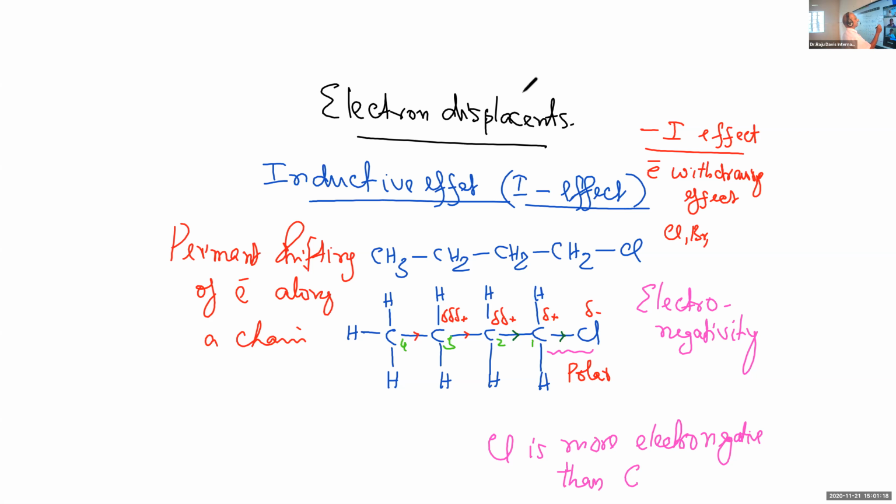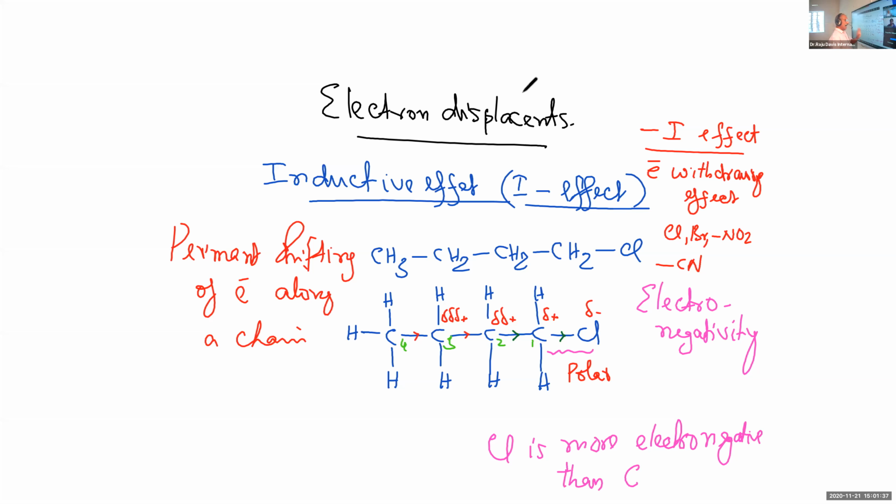There may be the NO2 group, the nitro group. That is an electron withdrawing group. There will be the cyano group. That is an electron withdrawing group.